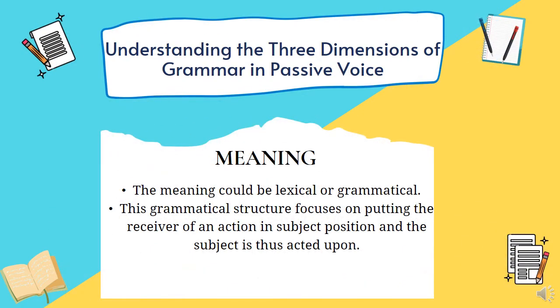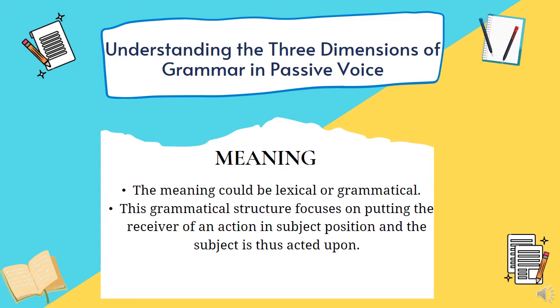The dimension of meaning has to do with the meaning a particular grammar structure conveys. The most inherent units in this dimension are words, derivational morphemes, multi-word lexical strings, and notions, where the meaning could be lexical or grammatical.